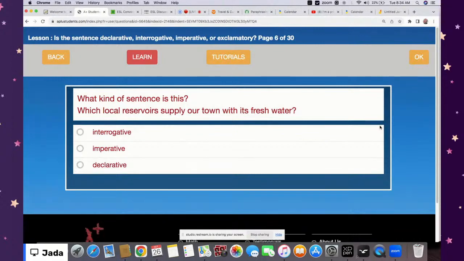So which one? So which one is gonna be this one? Which local reservoir supply our town with its fresh water?